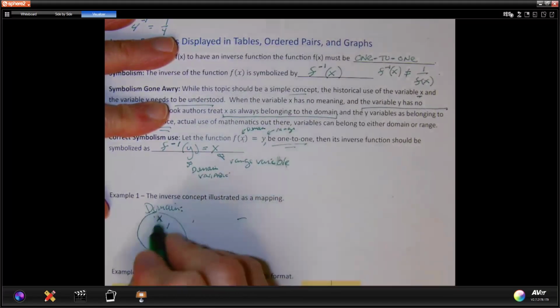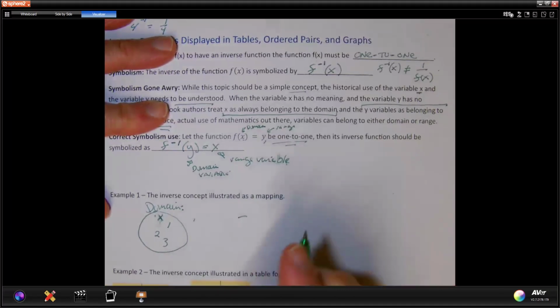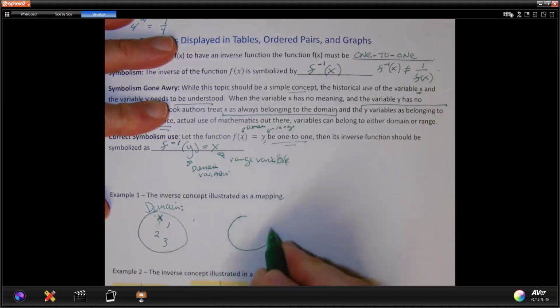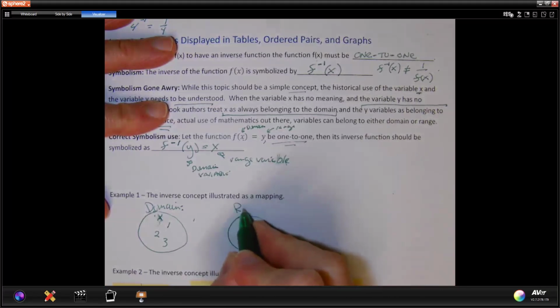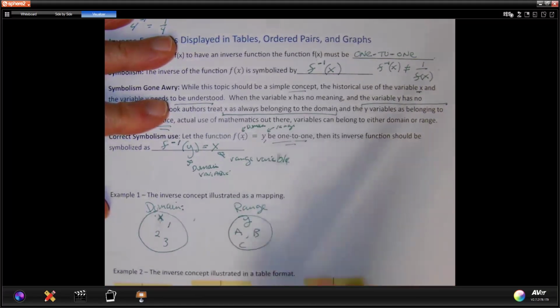So what's happening is, see these numbers, 1, 2, 3, they're defined by the variable x. And we have another one here. And then we call this the range. And let's say this, again, is defined by a y. So I'm going to go A, B, and C. Make it nice and simple. So the objects here are A, B, C. Over here is 1, 2, 3.